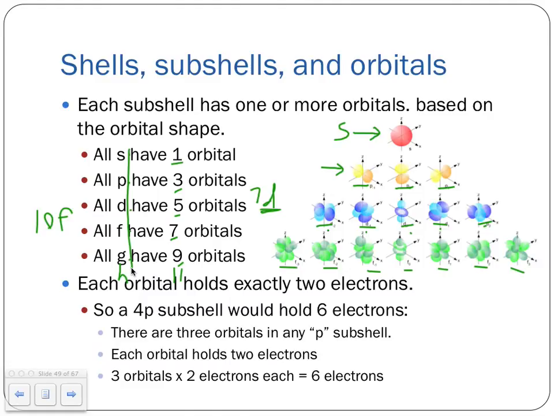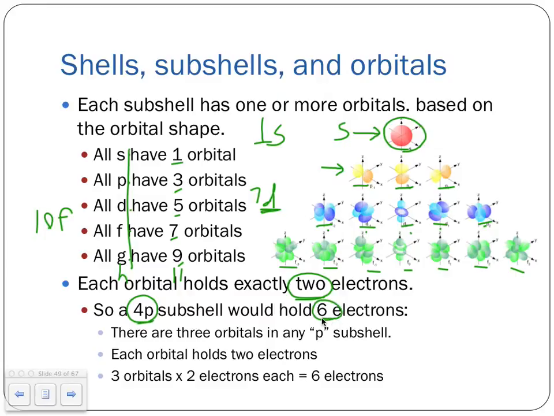Now, each orbital holds exactly 2 electrons. So if you had, like, say, the 1s right here, we know its shape, we know it's the first energy level, and the question is, how many electrons are in there? In this particular one right here, the answer is 2, because each orbital holds 2. Now, let's suppose you had a 4p subshell. Well, if it's a 4p subshell, it's going to hold a total of 6 electrons.